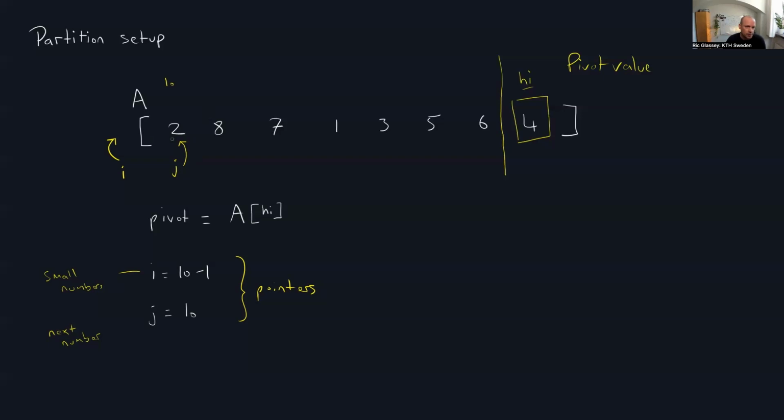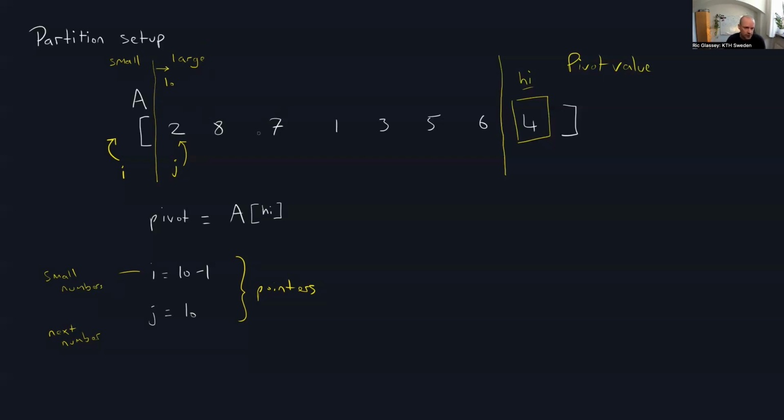So what's going to happen is, I can draw it, I guess. Here is where it starts off. We're going to arrange our small numbers on this side and our larger numbers on this side. This imaginary line is going to move throughout this algorithm.